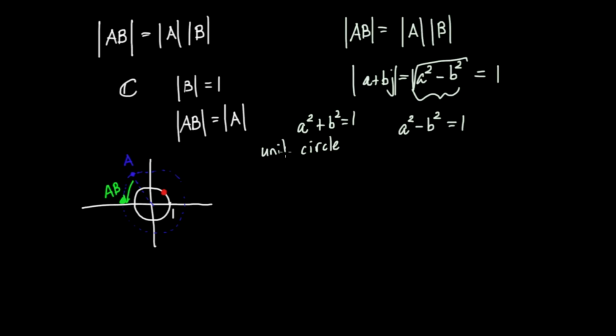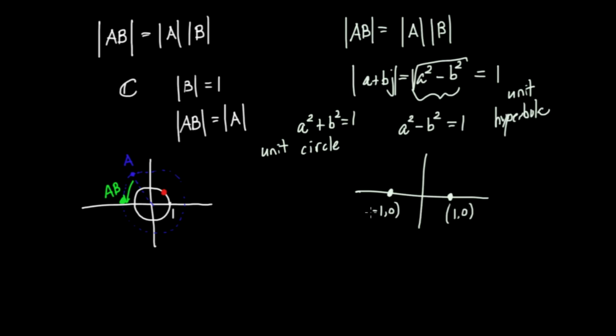But what is this equation? Well, it turns out this is going to be a hyperbola, namely the unit hyperbola. It contains the point 1, 0, because 1 squared minus 0 squared is indeed equal to 1. It also contains the point minus 1, 0, because minus 1 squared minus 0 is still equal to 1.